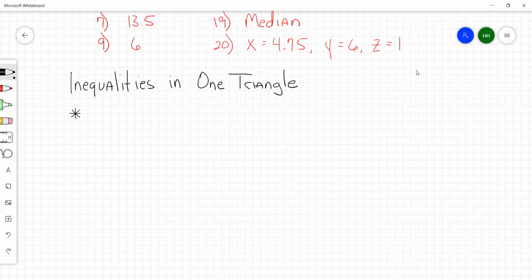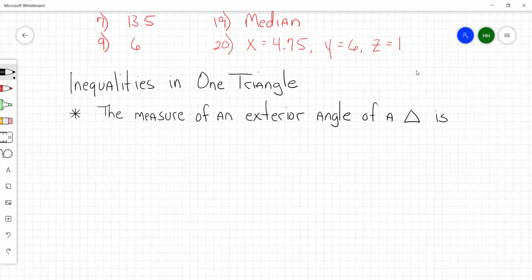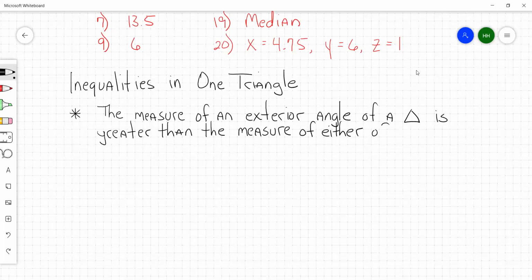states that the measure of an exterior angle of a triangle is greater than the measure of either of its remote interior angles.